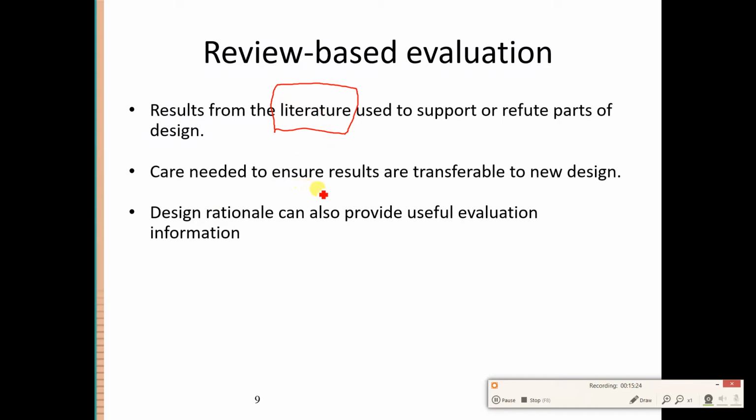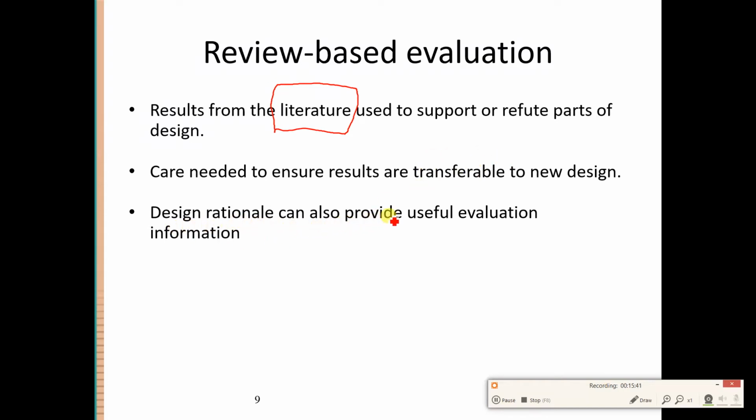Care is needed to ensure results are transferable to new designs. Usually when we use this kind of evaluation, if we are designing some new product, the results can be transferred to the new design or the new product.